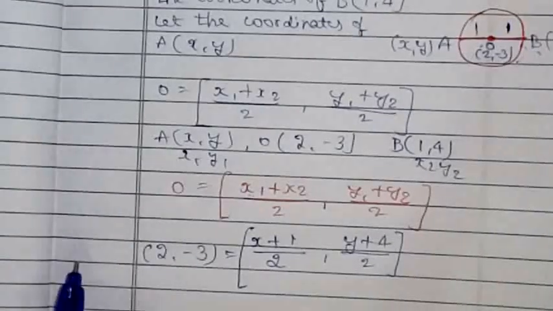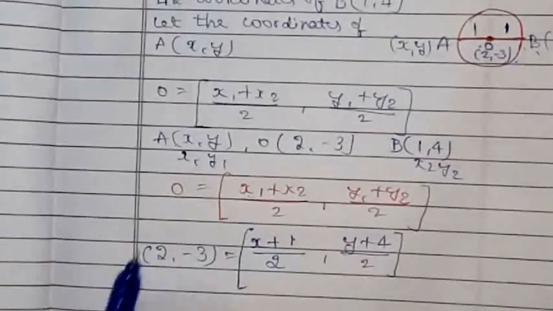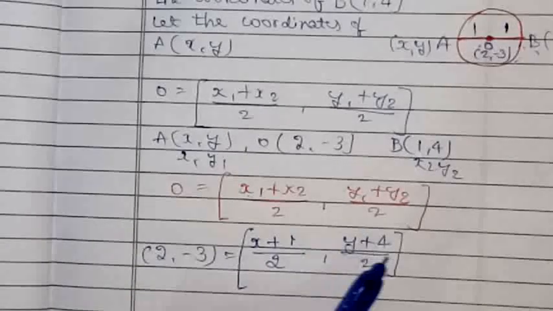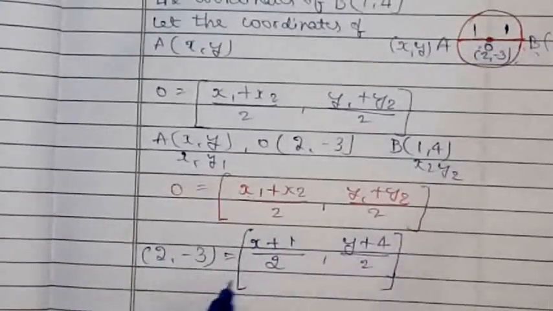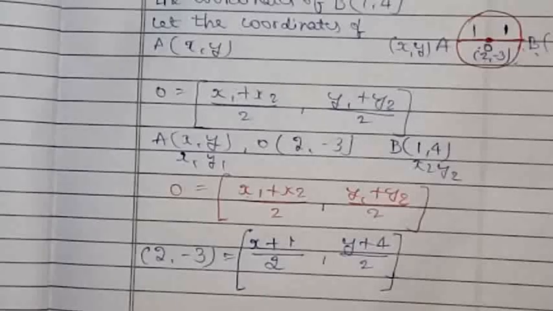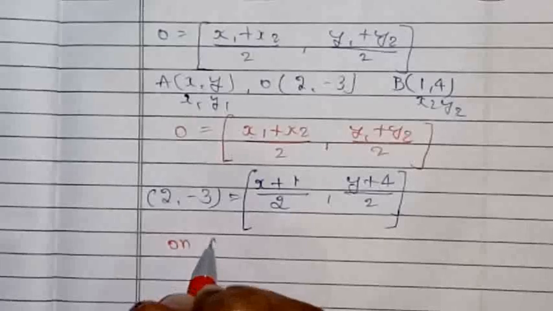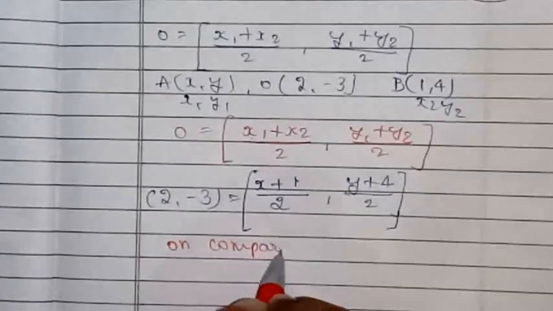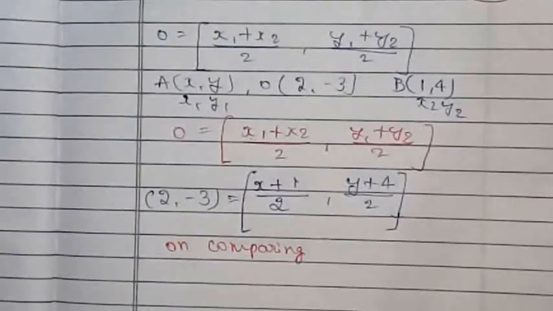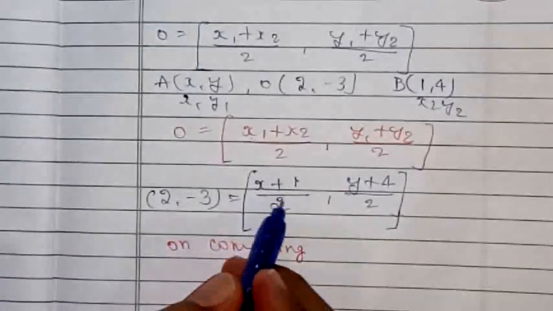Now as usual, just compare the x coordinates value to the x coordinates, and here y coordinates value to the y coordinates, right? So on comparing, okay, now just write down the x coordinates first.